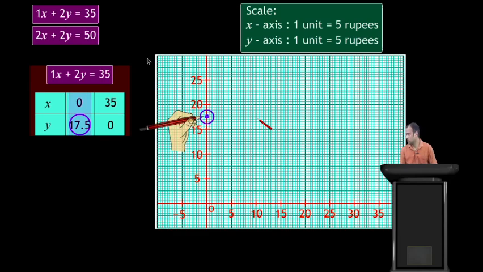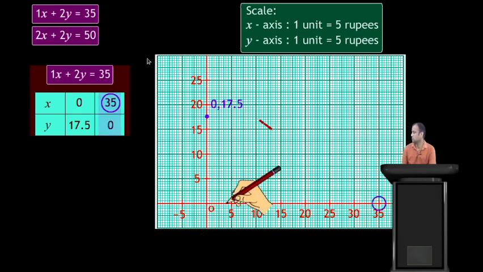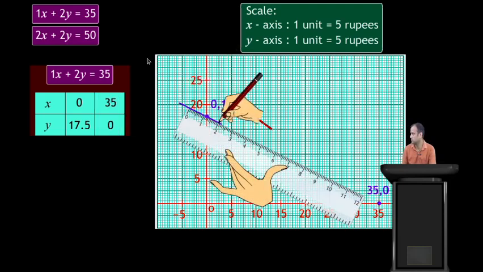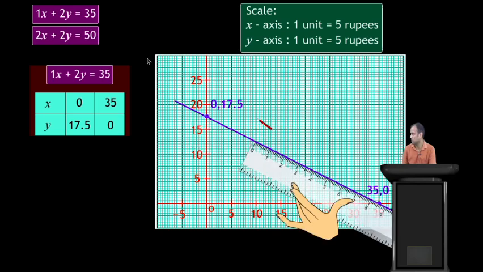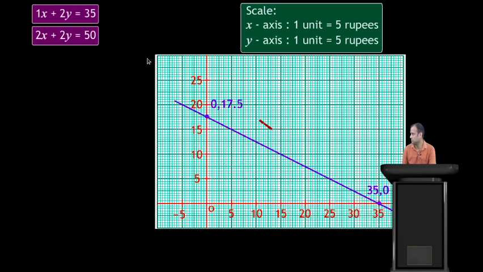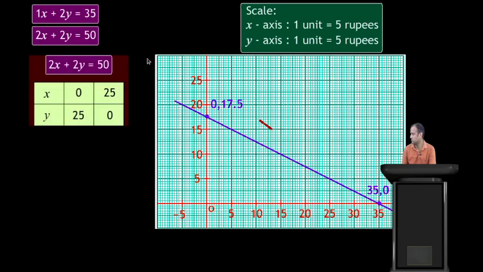This is our first point, 0, 70.5. And if we connect both these, so we get a line.